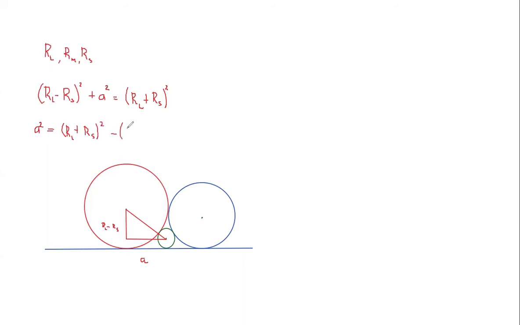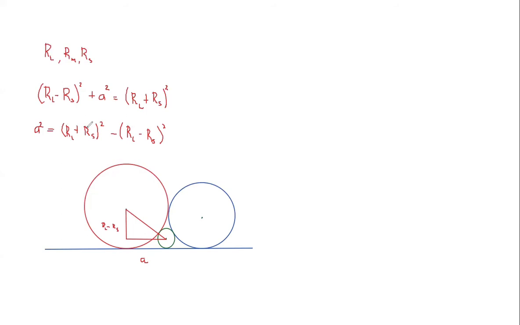minus (RL minus RS) squared. And if we expand this, the RLs are going to cancel.